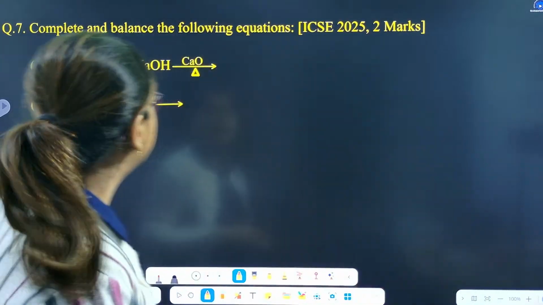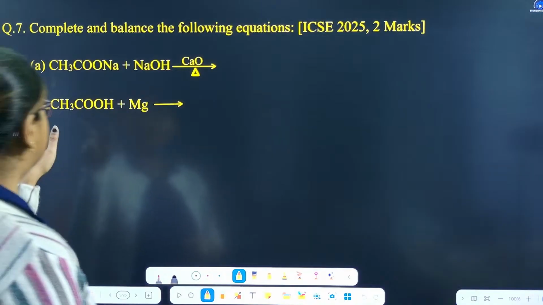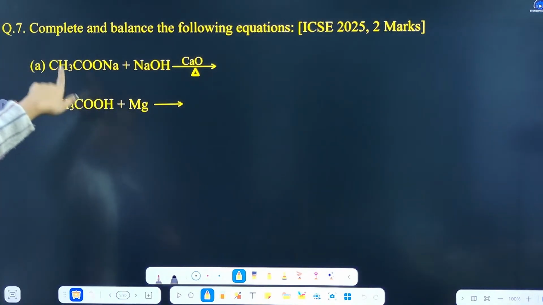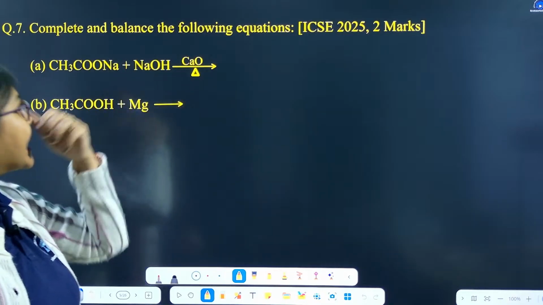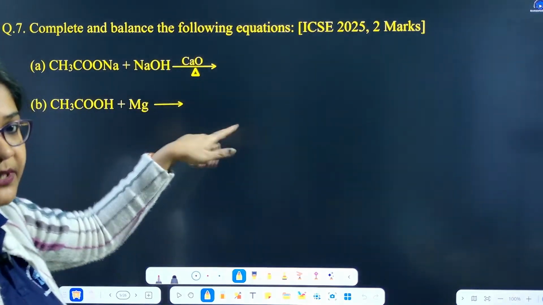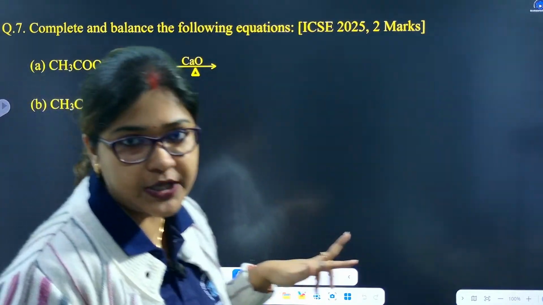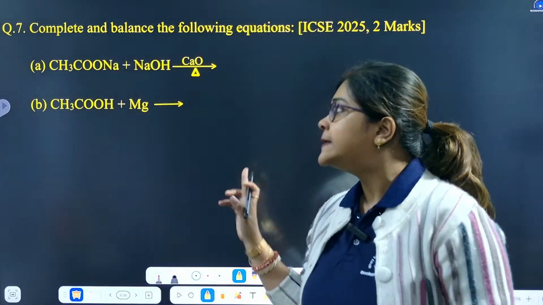So you see, what is the first question? It is sodium acetate, right? Sodium acetate, when it is reacting with soda lime in the presence of calcium oxide and heat, if you can recapitulate, it will form what?